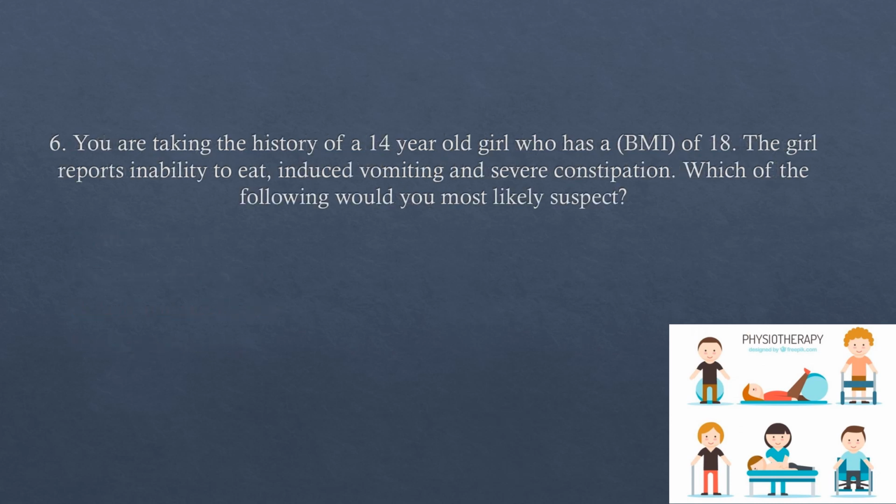Question number 6. You are taking the history of a 14-year-old girl who has a BMI of 18. The girl reports inability to eat, induced vomiting, and severe constipation. Which of the following would you most likely suspect? A. Multiple sclerosis.